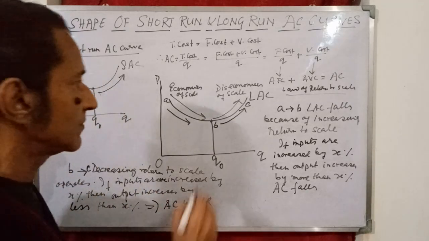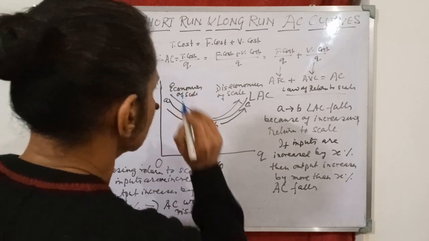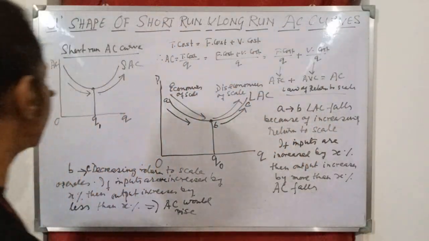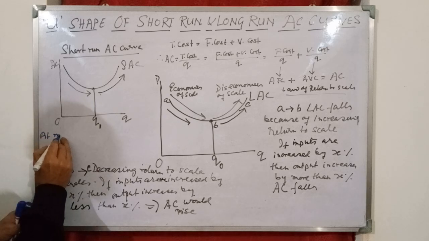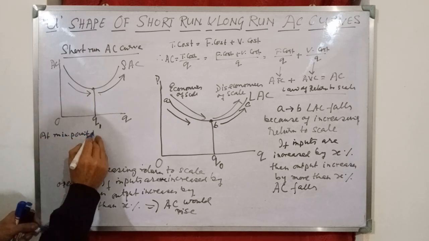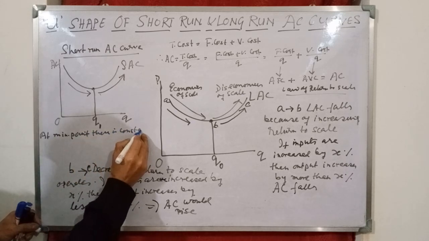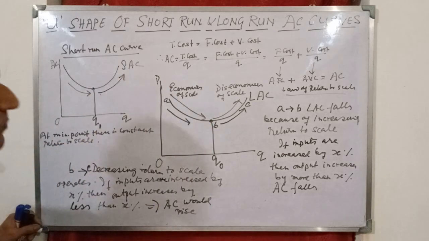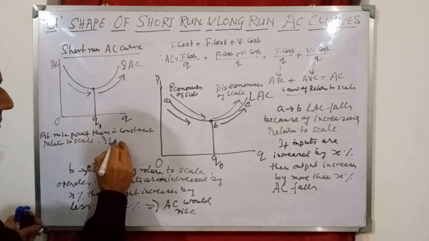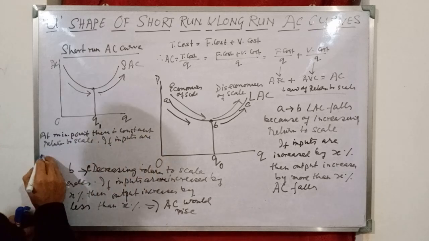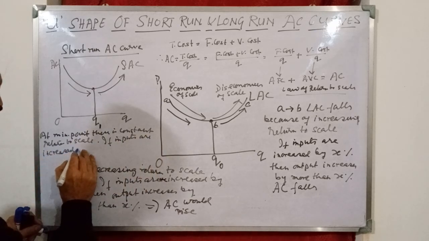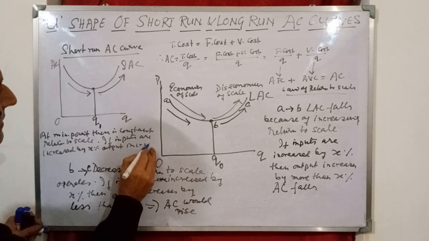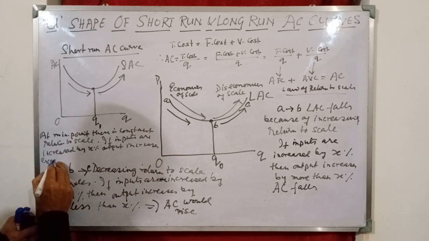Now in between these two, here is the minimum point. This means at the minimum point there is constant return to scale, at this point, at point B. This means if inputs are increased by X%, output increases exactly by X%.